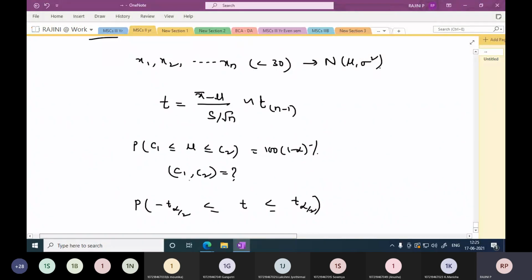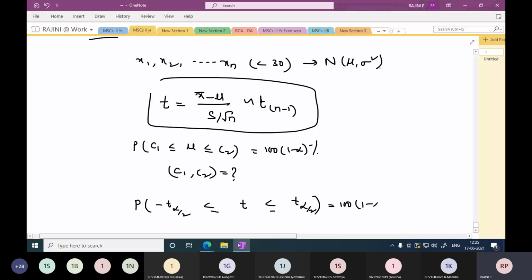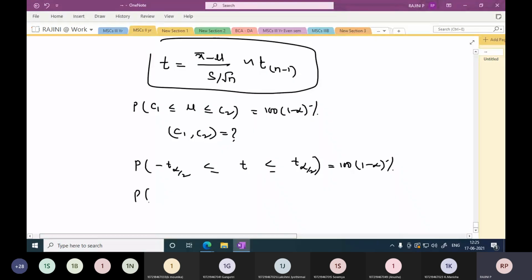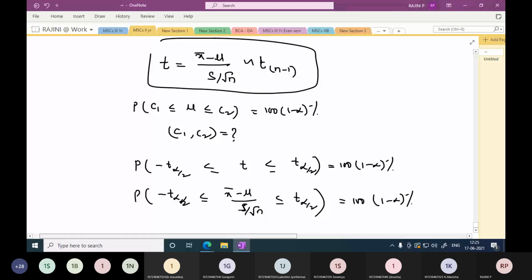If you are not mentioning it, no problem, by this definition it will be implied. Probability is equal to 100 into 1 minus alpha percentage. In place of t, take x bar minus mu by S by root n, which lies between minus T alpha by 2 and T alpha by 2. Now do the calculation and let me know the C1 and C2 values.